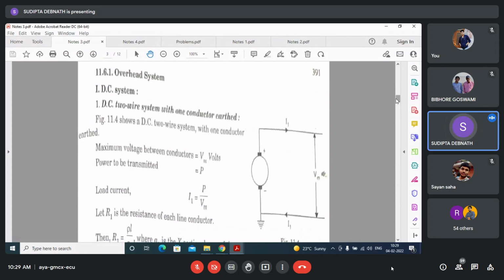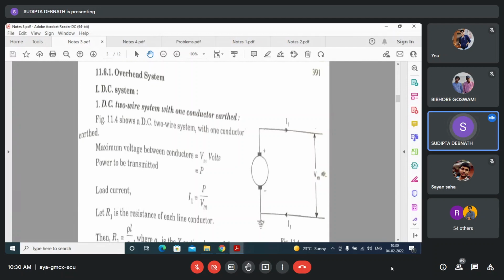First category: this is the two-wire system with one conductor earthed. Let us consider this is the go wire, this is the return wire, this is earth. Now I have told that we'll consider the maximum voltage, otherwise there will be some error. Either you consider the RMS voltage or you consider the maximum voltage.